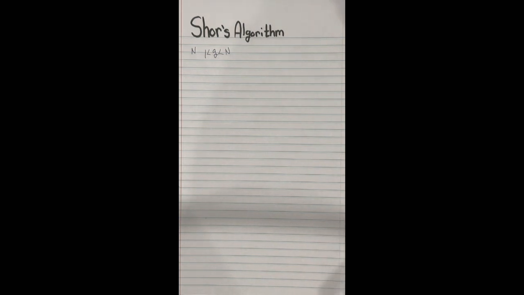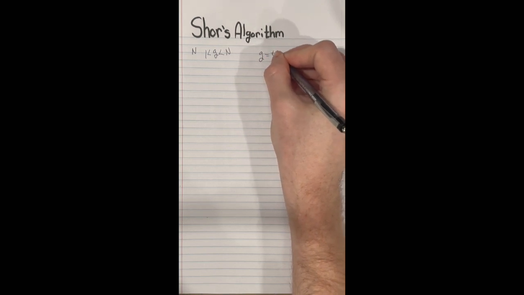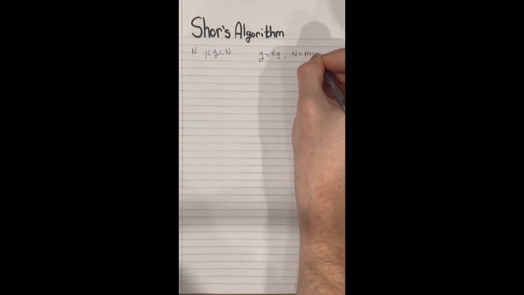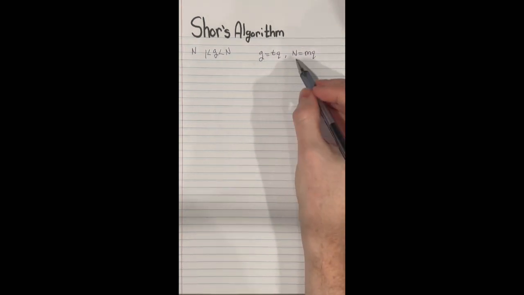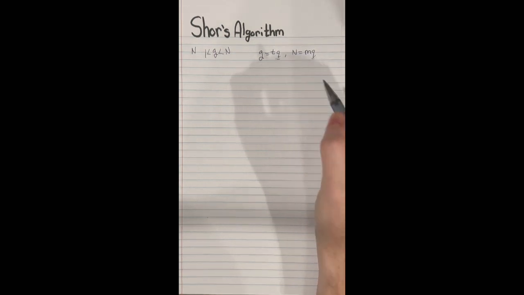Note that while finding a g that is a factor of n would be ideal, because then we're done, we found one of the factors, it's sufficient to find a g value that shares a common factor q with n. So that is, it's sufficient to find g that equals tq such that n equals mq. So while g itself might not be a factor of n, they share a common factor, this q value here.